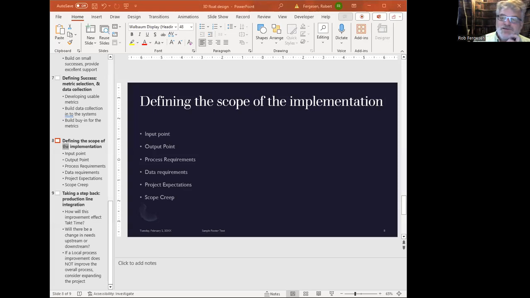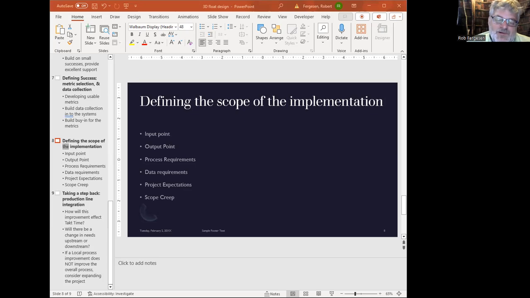All right, so the next area we're going to get into is defining the scope of implementation. The scope of the implementation, that's really saying what you're going to do, period.